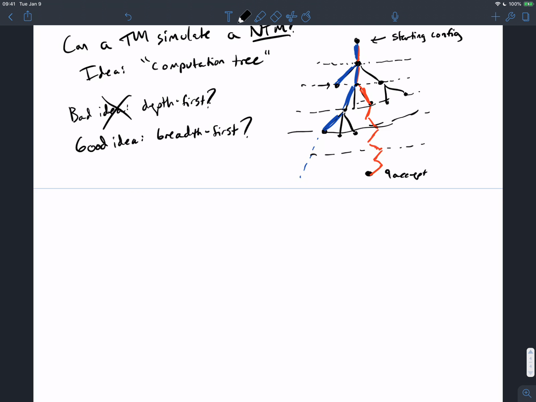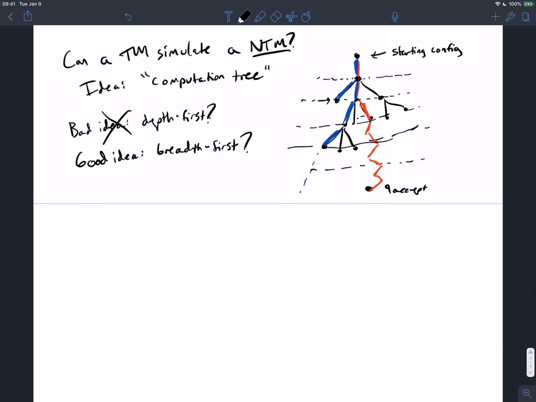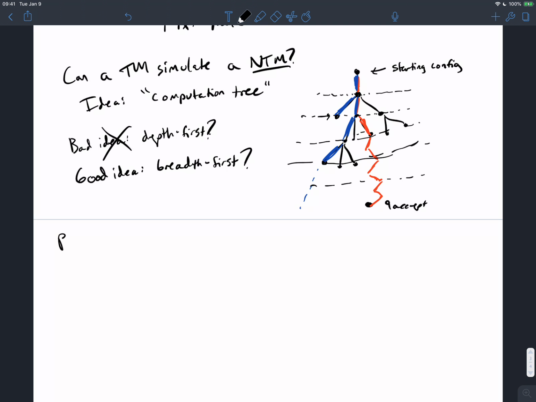As a detail, I'll pose this as a Piazza question: how to actually perform this tree on a normal Turing machine.